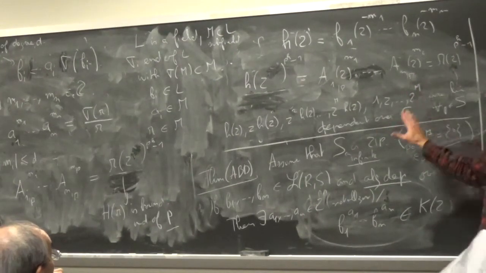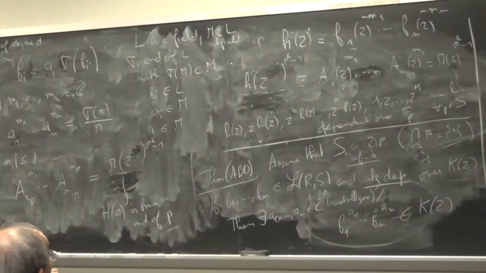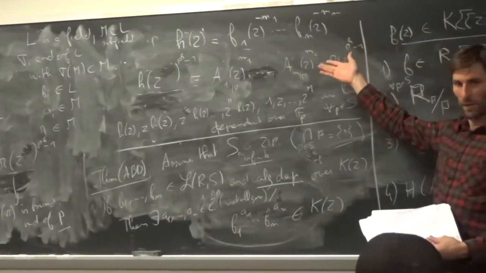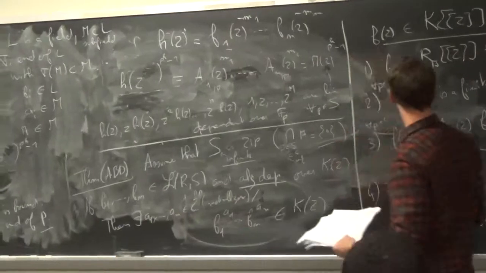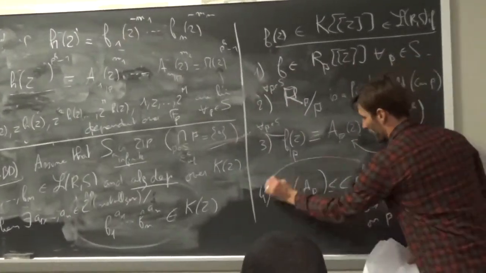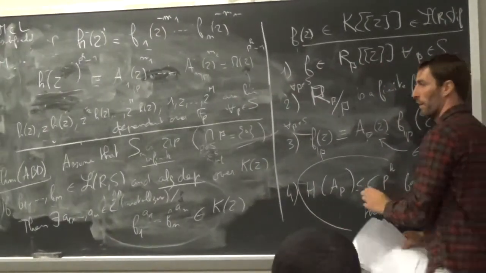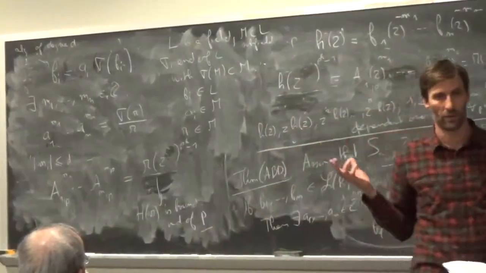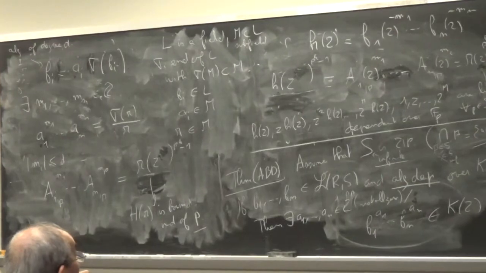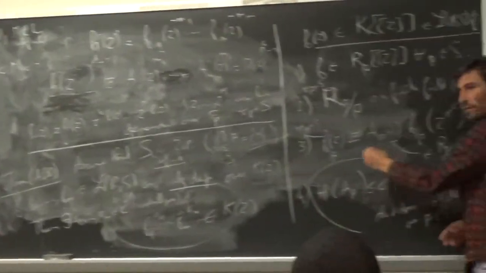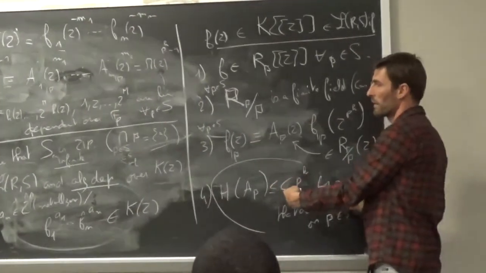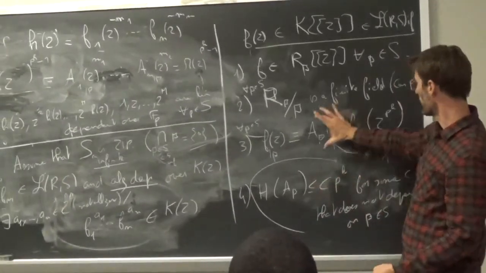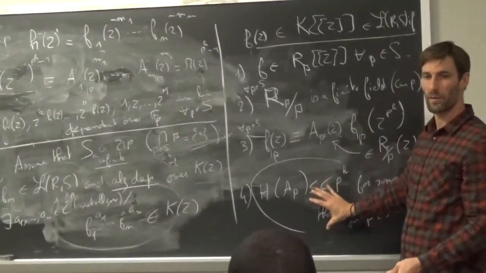Okay, so the point is that it was not clear, even if you have information mod p, that you would be able to lift it to Q, and this is really because you have this condition that gives you this uniform bound here, and then you can lift it. And now the point is that this is not artificial, because in all the examples where we get this, it is also satisfied.